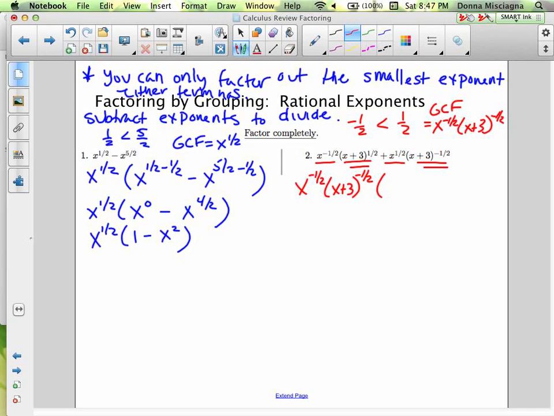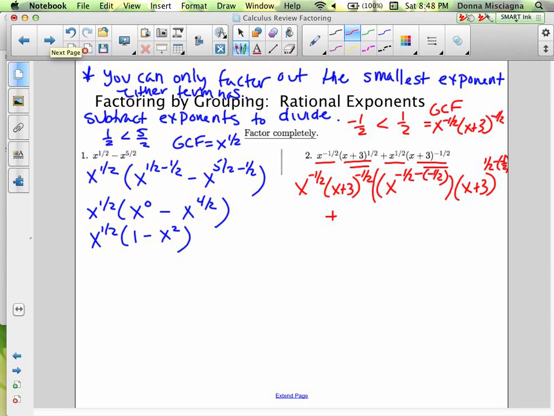And then I'm going to run out of space, and if I do, I'm just going to write on below it. All right, so we have x to the negative 1 half minus a negative 1 half, because when we divide, we subtract exponents, times x plus 3 to the 1 half minus negative 1 half. And then I told you I ran out of space, so plus, here's the next term.